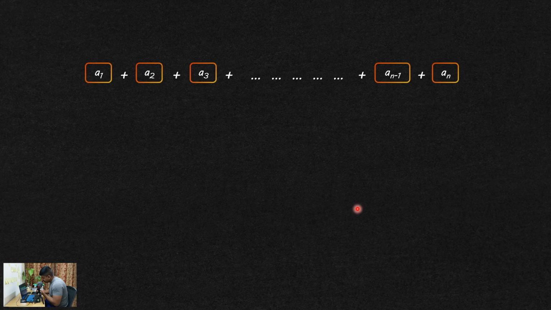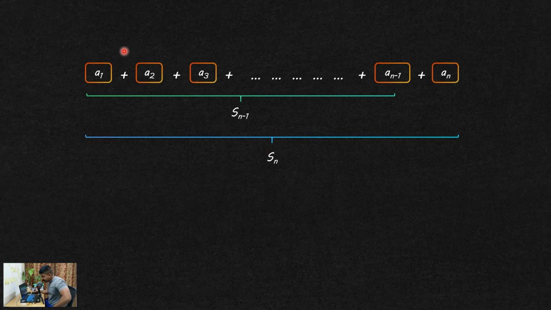Now here we have an AP. In fact, we have the sum of first n terms of an AP, so we denote it by Sn. If we just look at these terms, excluding an, if we find the sum of first n minus 1 terms and denote it by Sn minus 1, then finally we are left with an.